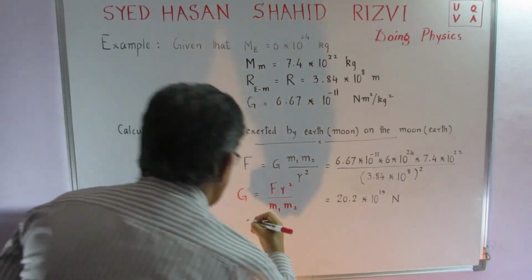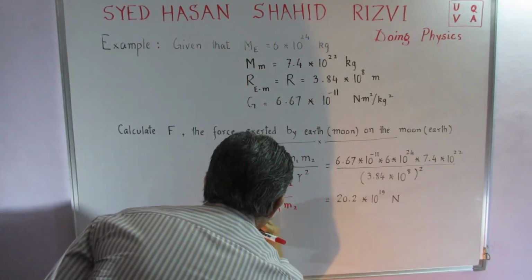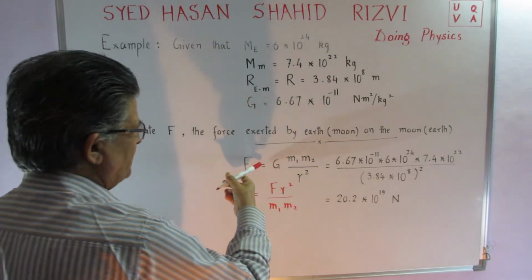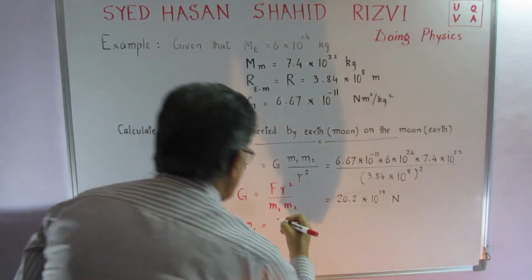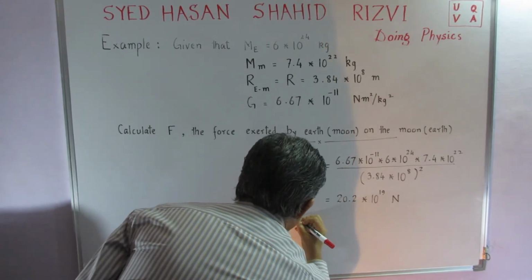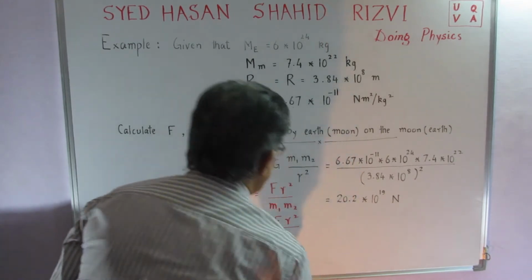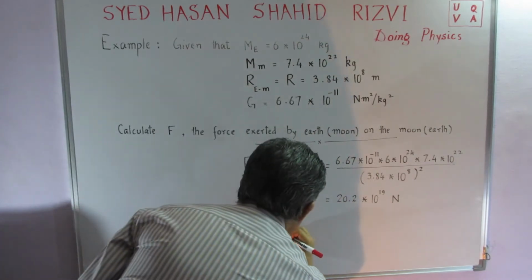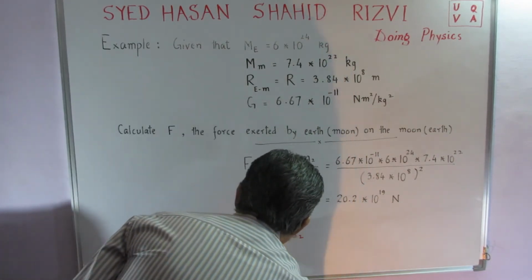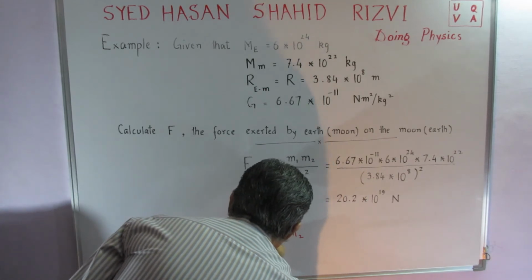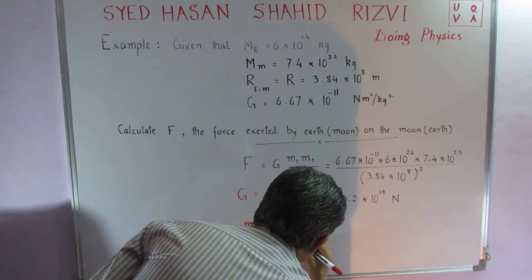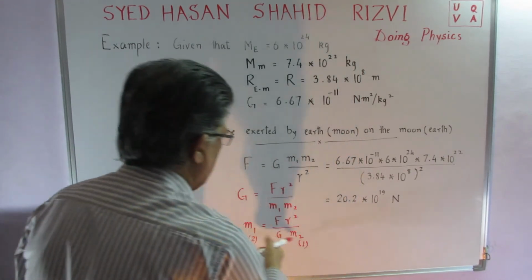We can calculate m1, which will be given as F r squared divided by capital G m2. We can also calculate m2 by the same kind of formula, writing m1 here.